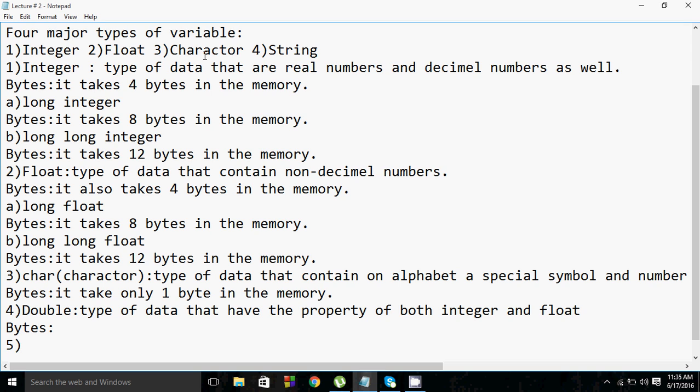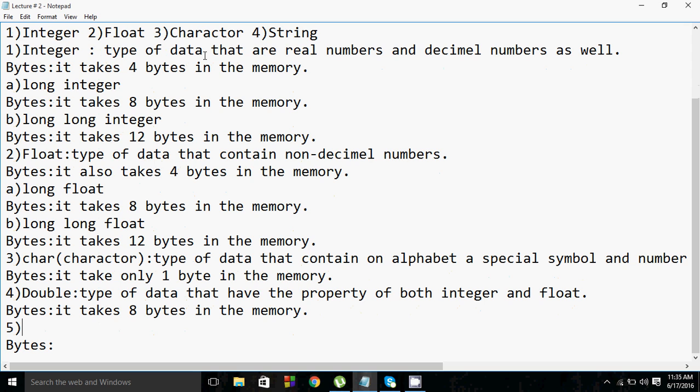Yes, integer and float, which means that it can take decimal and non-decimal numbers as well. As we know that it has the properties of both integer and float, it takes 8 bytes in the memory, 4 bytes of integer and 4 bytes of float. 4 plus 4 equals 8.